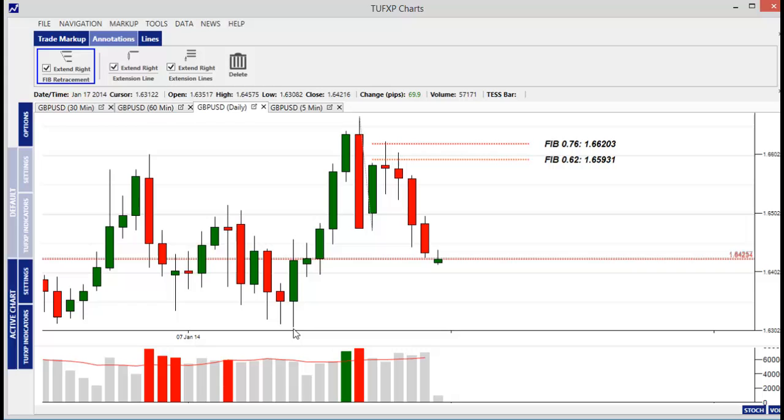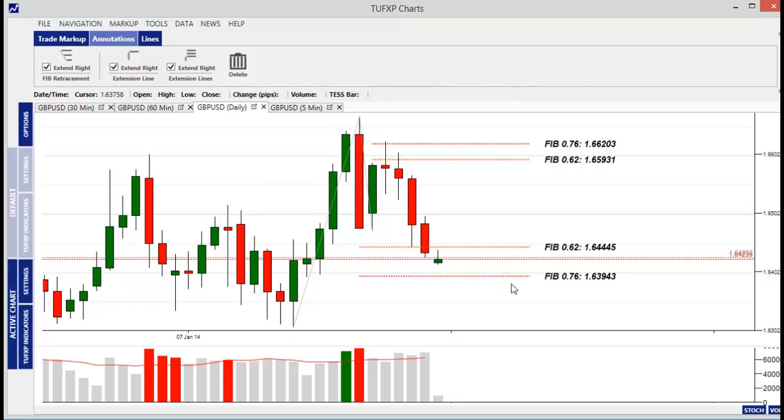So again, I can click on this low up to the high, and I can see that the market has retraced more or less 3/4 of the recent up move as well. So prices are working their way back down and heading towards the 3/4, 76% area of this recent move.